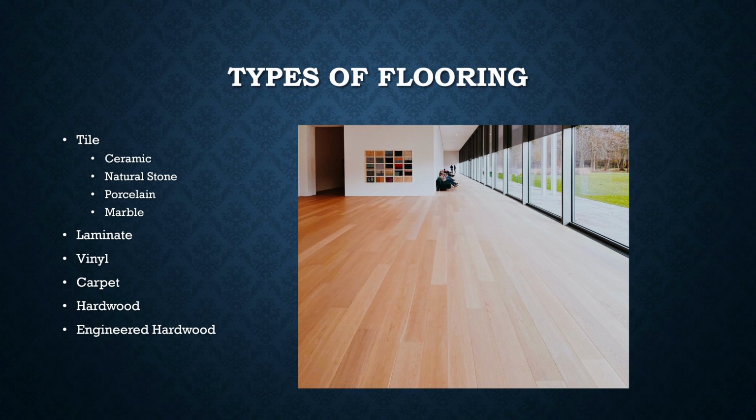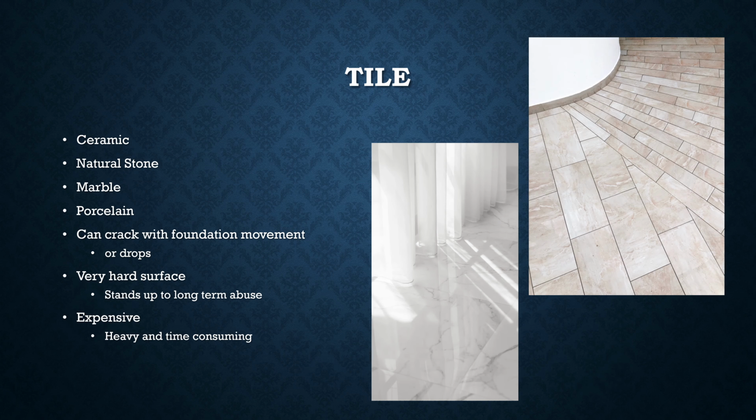So you can do tile out of multiple types, or you can go with laminate, vinyl, carpet, hardwood, or engineered wood. And I'm leaving out of this commercial types of flooring or ridiculous flooring you wouldn't normally see in a house, right? Just crazy stuff like grass or stuff like that, right?